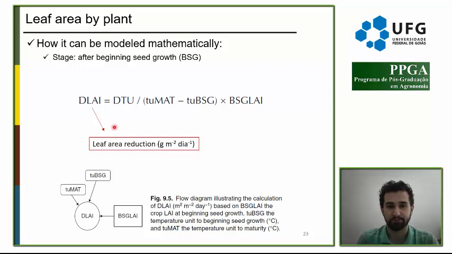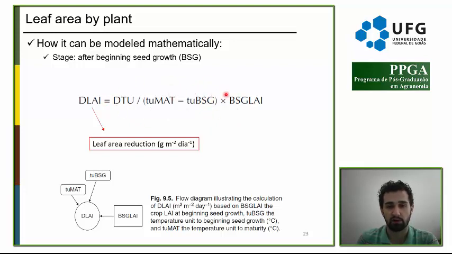To make this calculation, you use the thermal time: the accumulated thermal time required for crop maturation less the thermal time accumulated until the beginning of the seed growth. This defines the time between beginning of the seed growth and maturation.